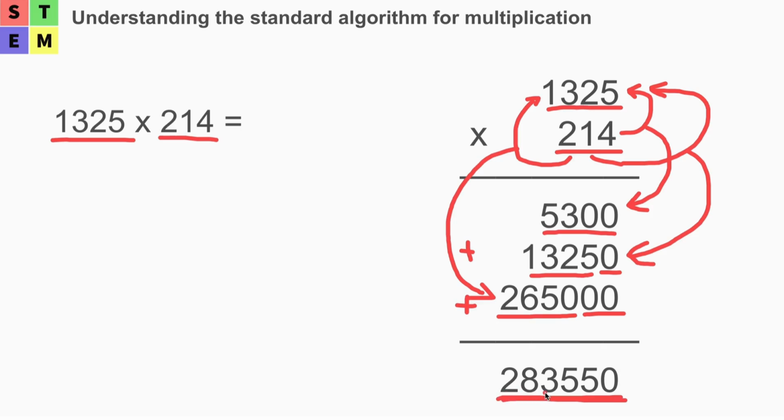It's 283,550. So if you come with the same result by yourself, great, congratulations. If something didn't add up, or if you come with a different result, please take a look again and again to find where you made mistakes.